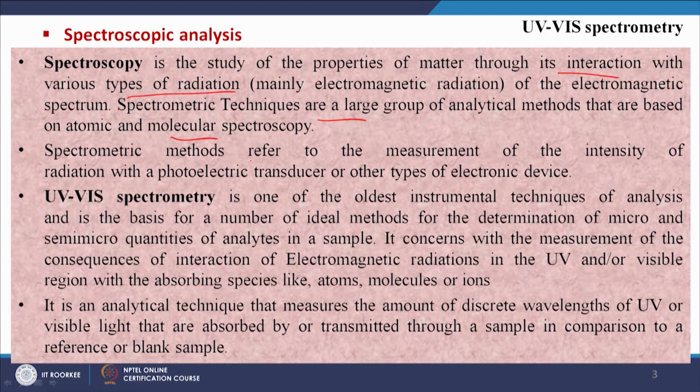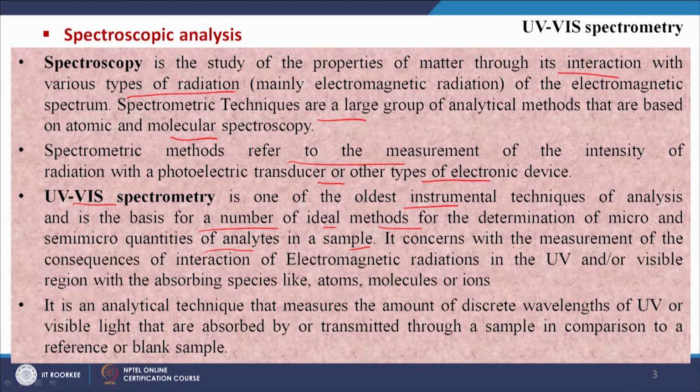Spectrometric methods refer to the measurement of the intensity of radiation with a photoelectric transducer or other types of electronic device. UV visible spectrometry is one of the oldest instrumental techniques of analysis and is the basis for a number of ideal methods for determination of micro and semi micro quantities of analytes in a sample.